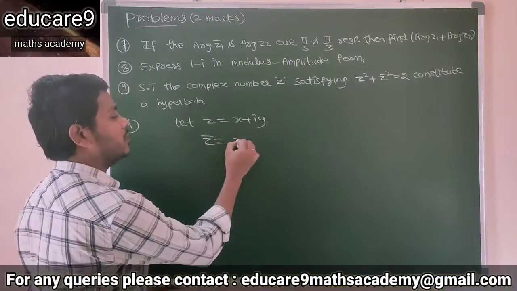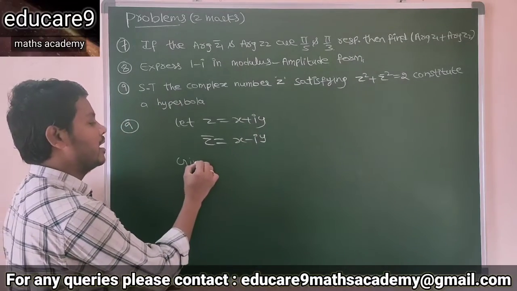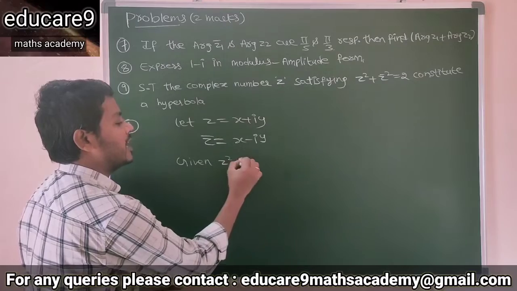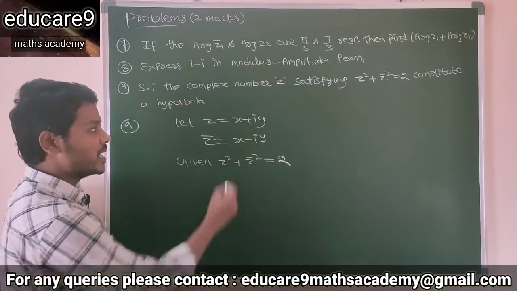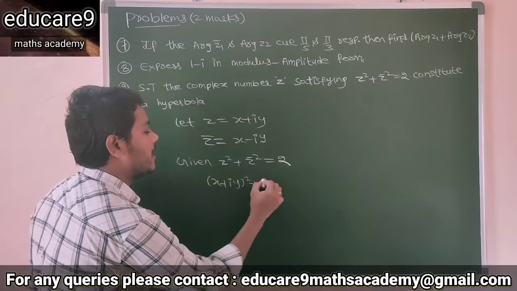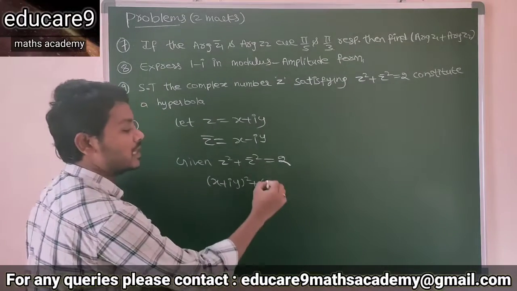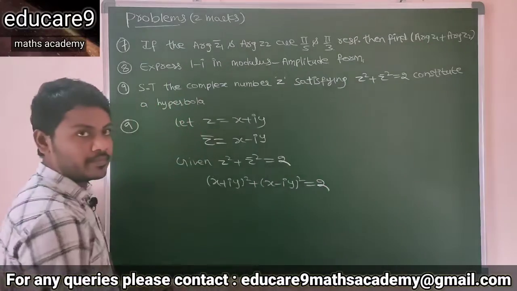So clearly z bar is x minus iy. So given z square plus z bar square is equal to 2. So what is the z value? x plus iy whole square plus z bar square, that is x minus iy whole square is equal to 2.